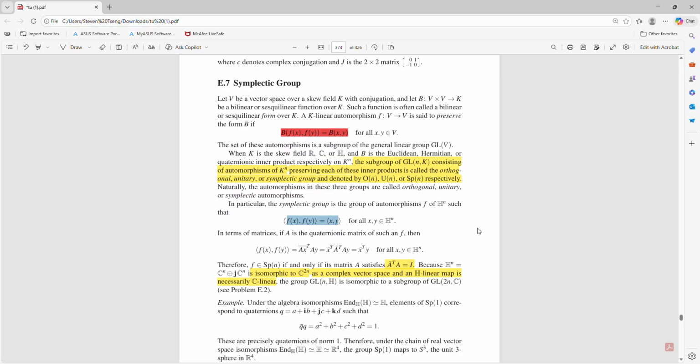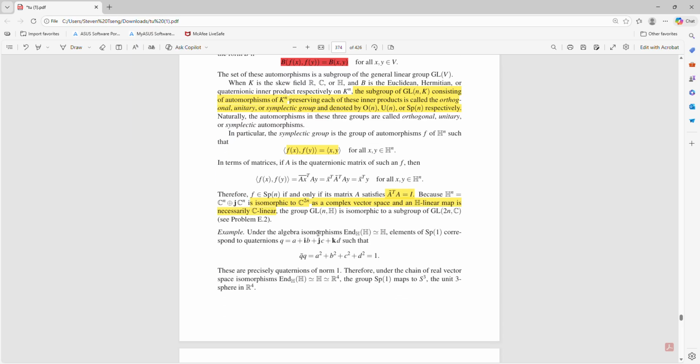It preserves the inner product, and by this equation we can easily get that if F belongs to the symplectic group, then the representation of F is a matrix A that satisfies A conjugate transpose multiplied by A equals the identity matrix.